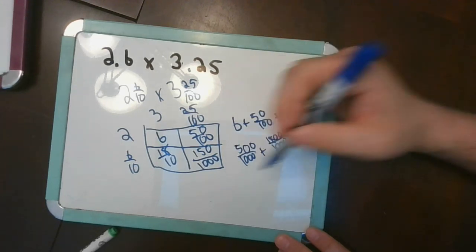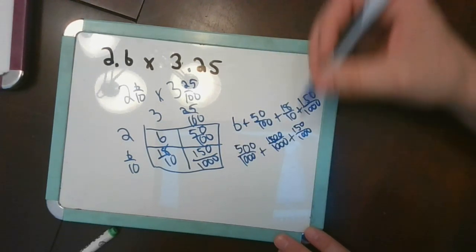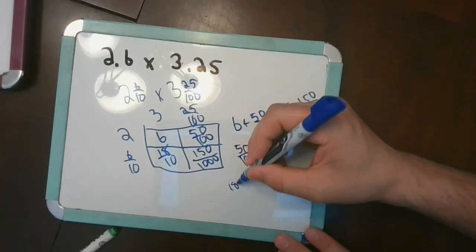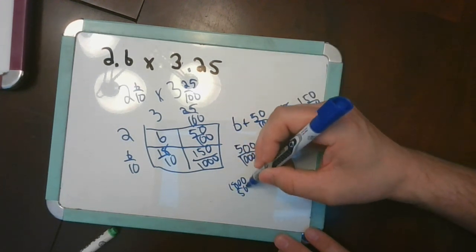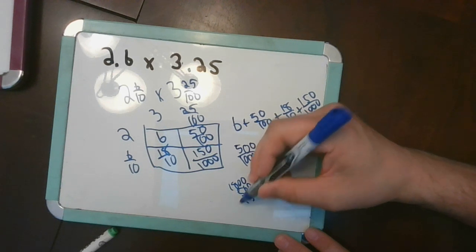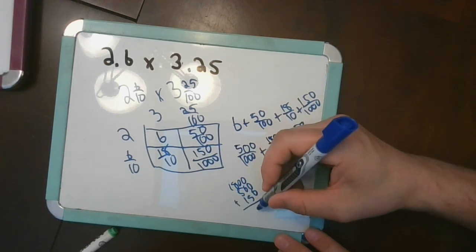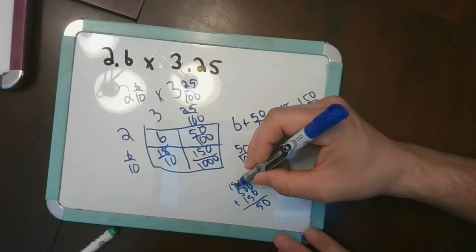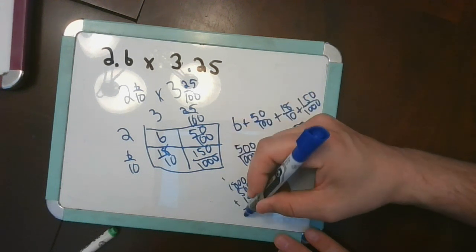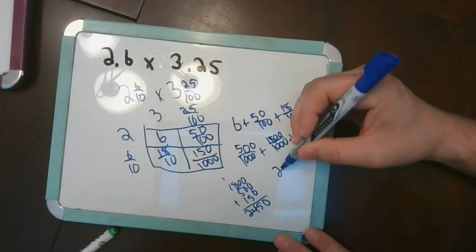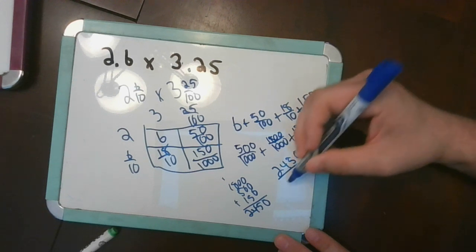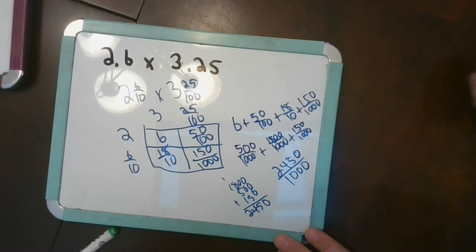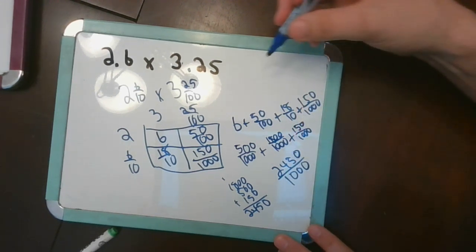So then we're adding all those pieces together. So I might do that over here. 1,800, 500, 150, add those: 0, 5, 13, 4, 1, 2,450. 2,450 thousandths. So same thing we did before.